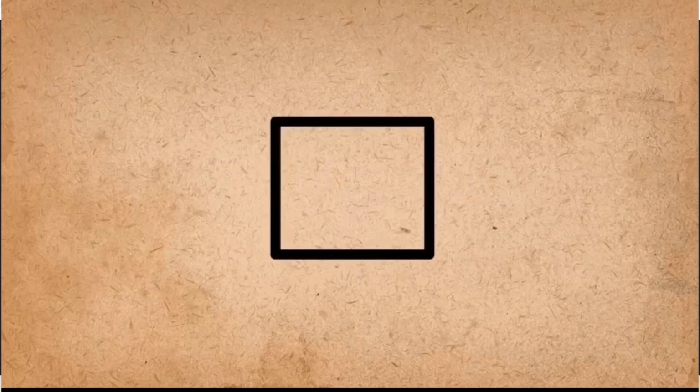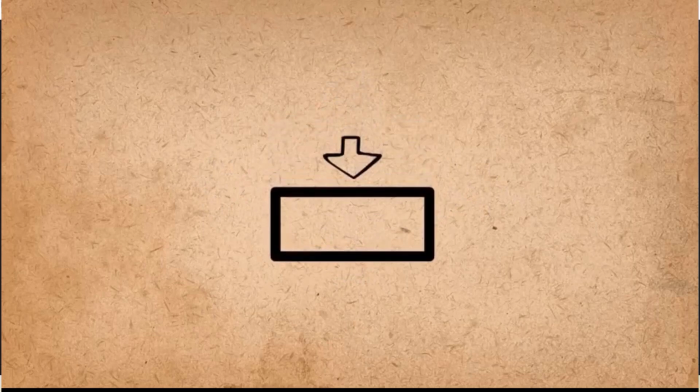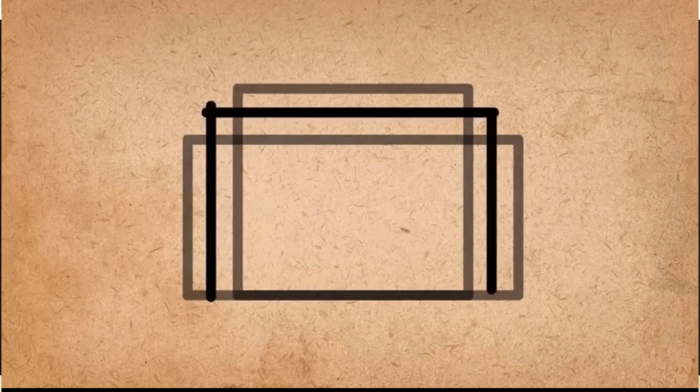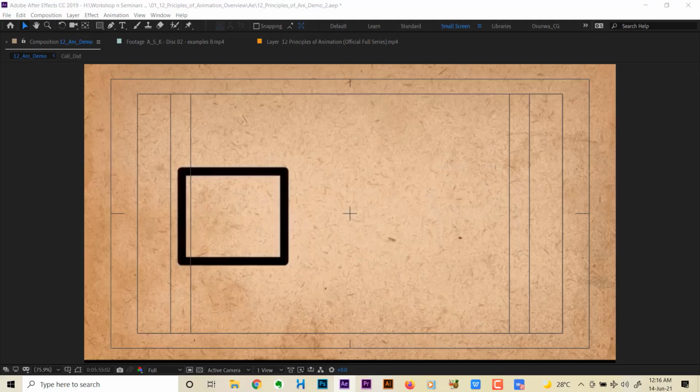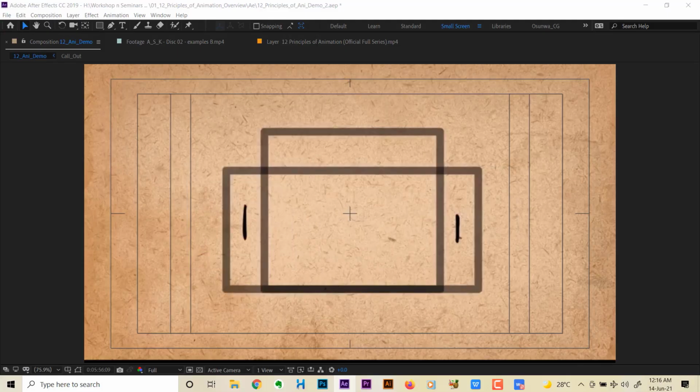A good thing to note is that while observing the principle of squash and stretch, you don't just squash or stretch things anyhow. There is a principle that it must maintain its volume over time. For instance, let's take this square, right? Once it squashes, it will maintain its volume over time. Here, this is a stretch. If it stretches, then it needs to reduce on the y axis.